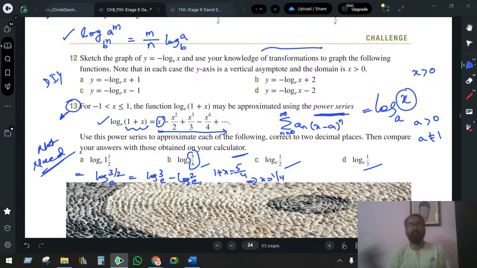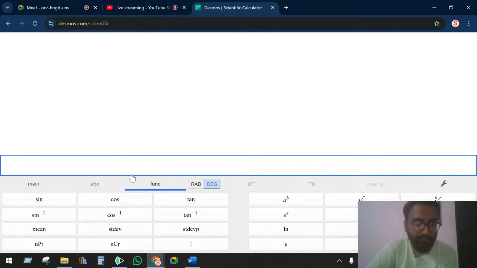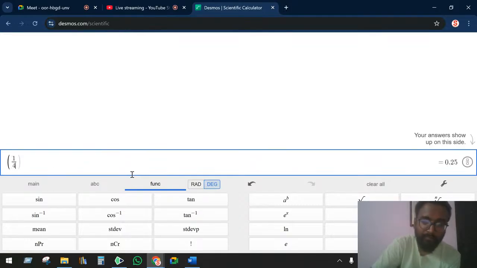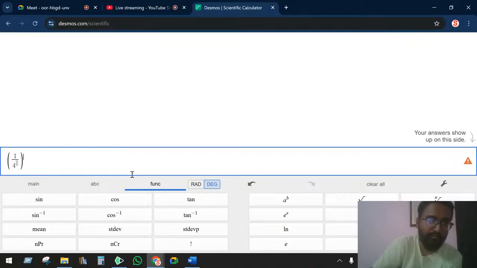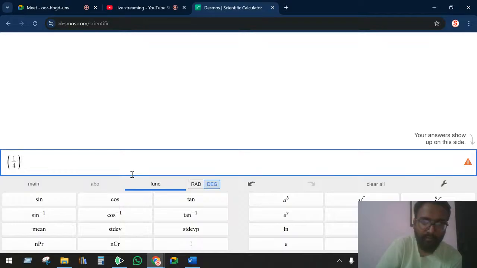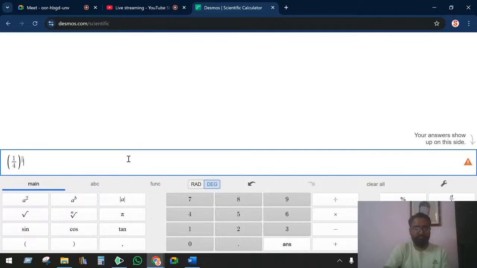What is x square? 0.25 whole square. What is 1 by 4 whole square?